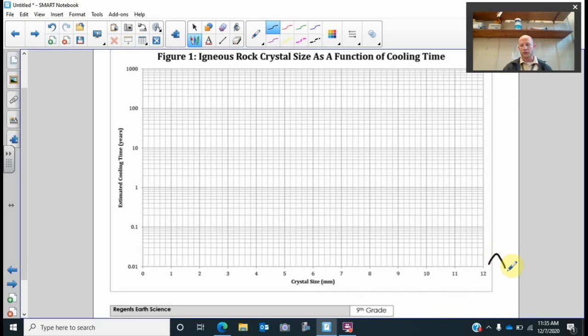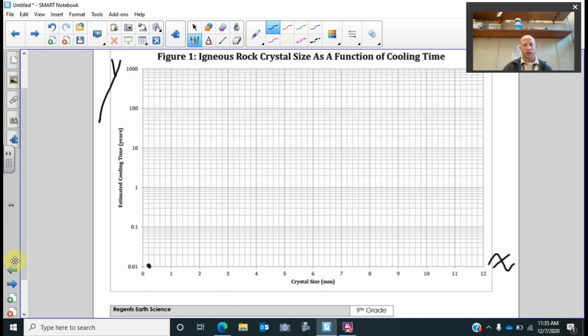We need to identify this is the x-axis, and this is the y-axis going upwards. So y to the sky, and x is the horizontal. So 0.01 and then 0.2 millimeters was our crystal size. And so that first point would be right here.